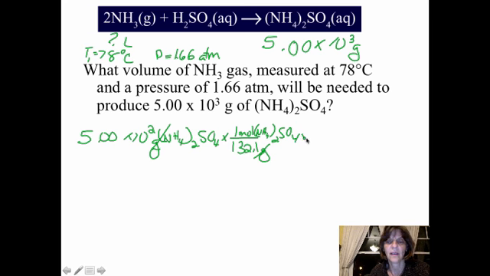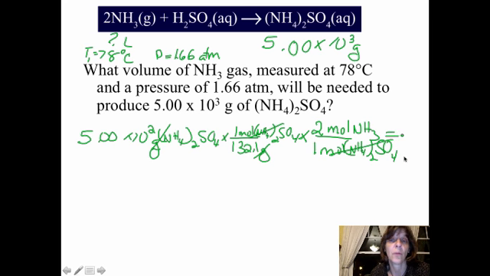Grams cancel out. Since I want to know about the ammonia, I'll do a ratio of 2 moles of ammonia to 1 mole of (NH4)2SO4, and those cancel out. So that will give me moles of ammonia, which then I can use in the ideal gas law, so I don't have to go all the way to grams. So I've got 5,000 divided by 132.1 times 2. I calculate that I get 75.7 moles of ammonia.